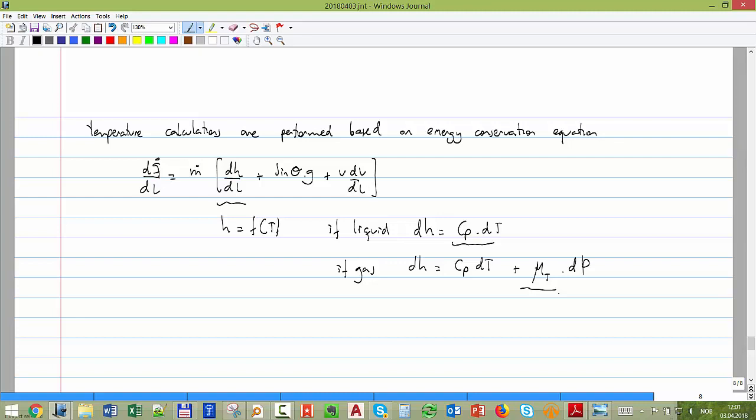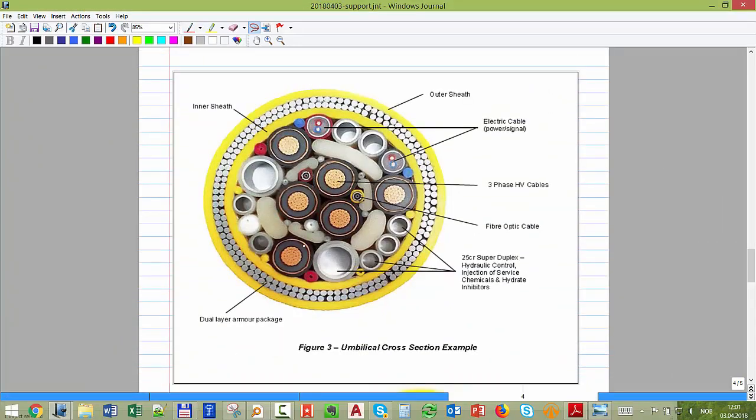But basically, I take that equation and, using some simplifications depending on the fluid, I arrive at an equation. I think I put an example here.